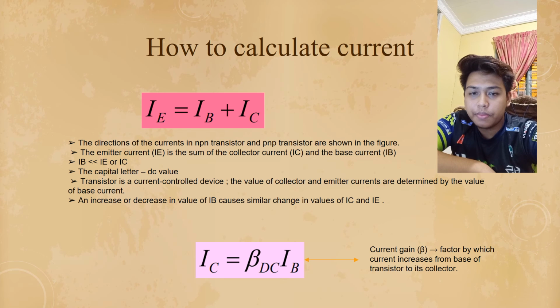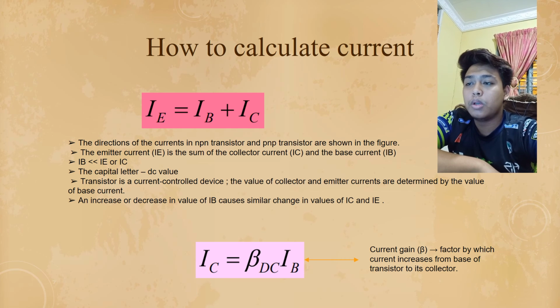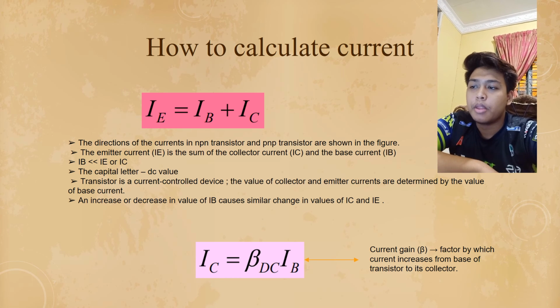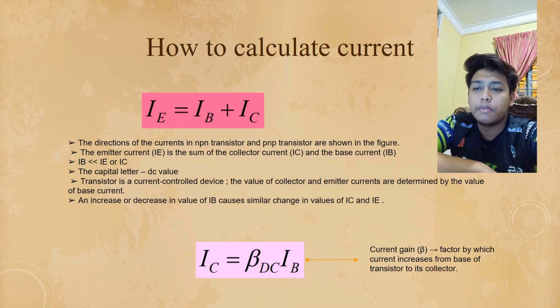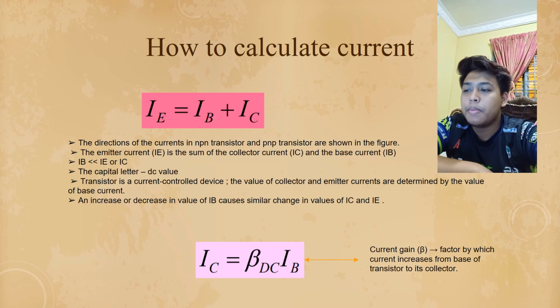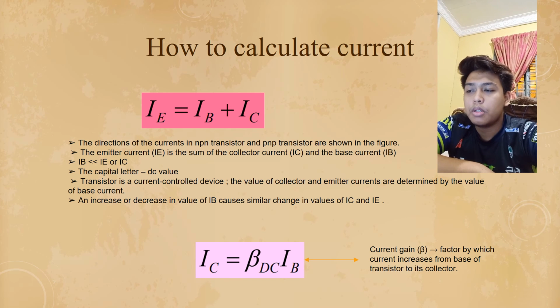This is how we calculate the current. The formula is IE = IB + IC. The directions of the currents in NPN and PNP transistors are shown in the figure. The emitter current IE is the sum of the collector current IC and the base current IB. IB, IE and IC, the capital letters, are DC values. A transistor is a current control device.